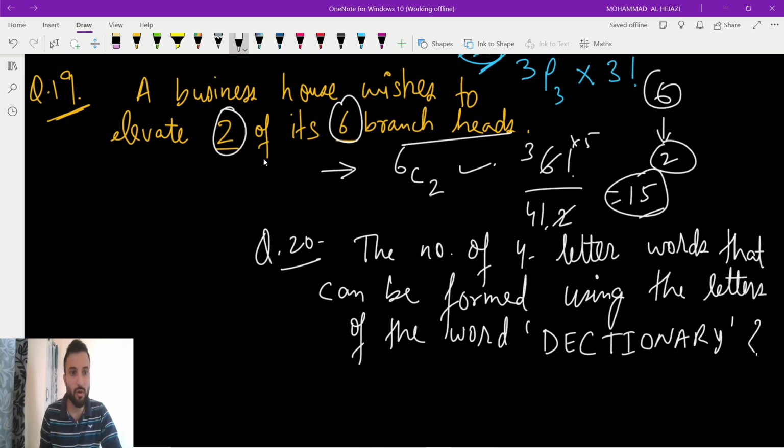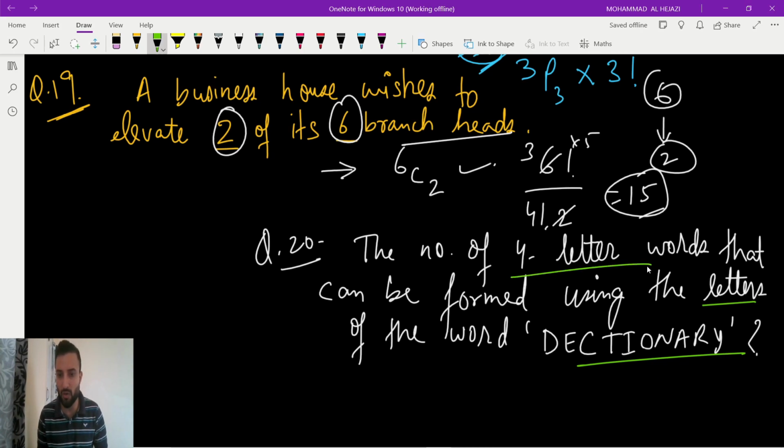Okay, so obviously we know if you get this type of question, letters of the word dictionary, this is a permutation. So by using the word dictionary, you have to make 4-letter words that can be formed using the letters of the word dictionary. So how many letters are there? 1 2 3 4 5 6 7 8 9 10.